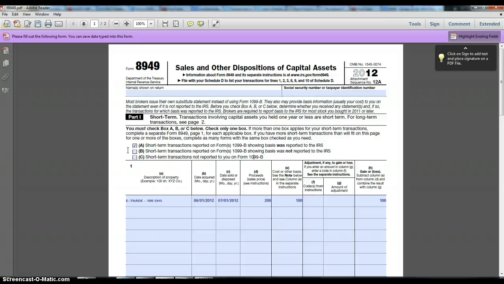Well, if you ask yourself why is this, it's because let's say I decided to be a little tricky and I say that I sold my 100 shares of Morgan Stanley for $2, but my original price wasn't $1. I actually paid $2 for it.